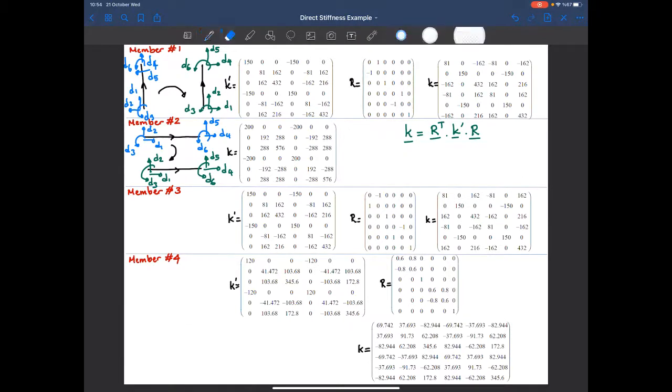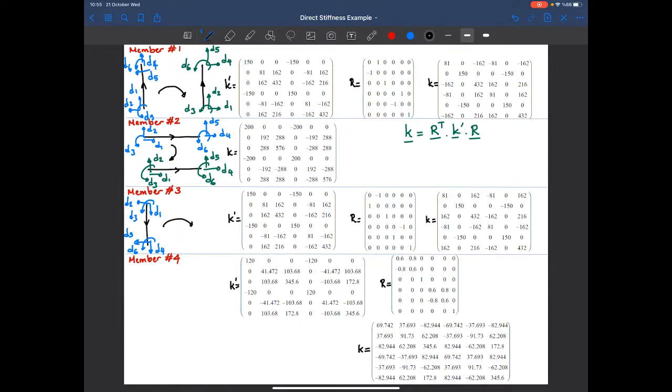I define the third member in this direction. The start node will be at the top, the bottom node will be at the bottom. Okay, so again, this is D1, then this is D2, that will be in the local y direction, D3, D4, D5, D6.